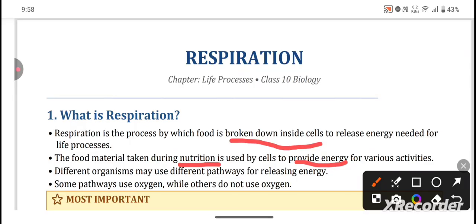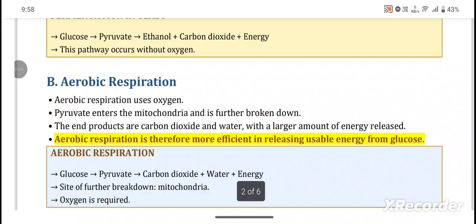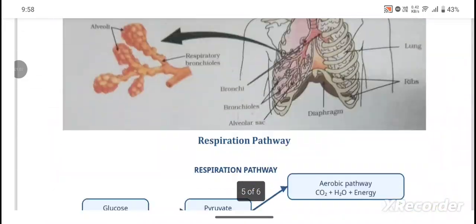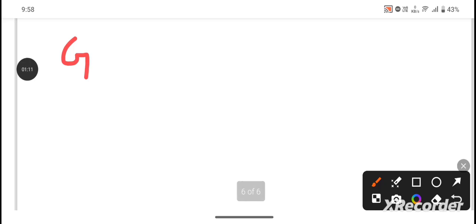So, in the previous lecture, we have seen the nutrition of human beings, where the food taken by us is processed in our digestive system and utilized by the cells, and the stored form of food in human beings is glycogen.